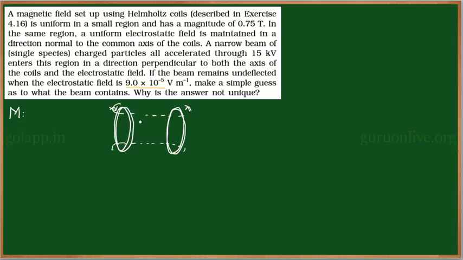So there exists a uniform magnetic field between these coils. Such coils we call Helmholtz coils. That's what is given, Helmholtz coils.